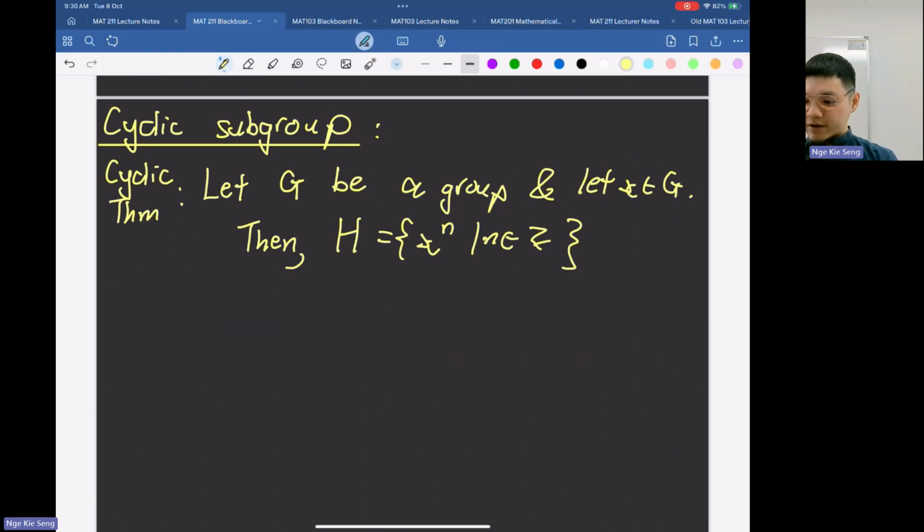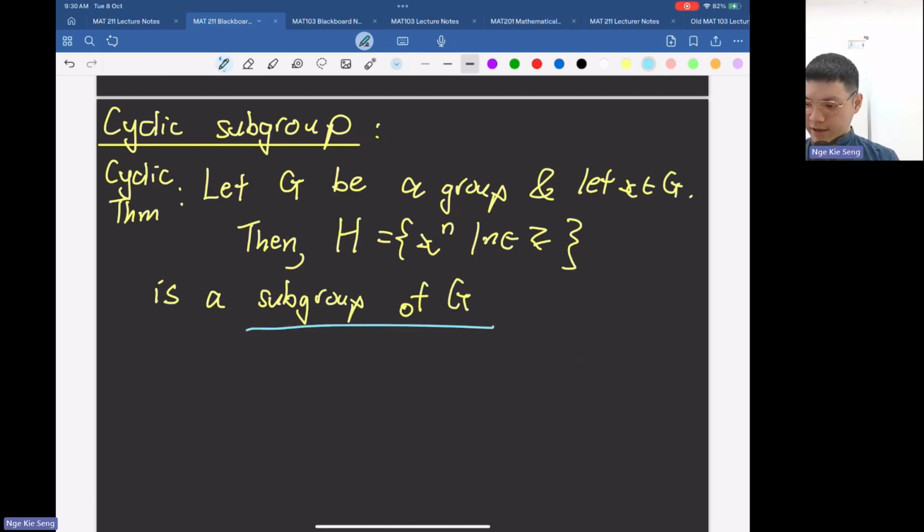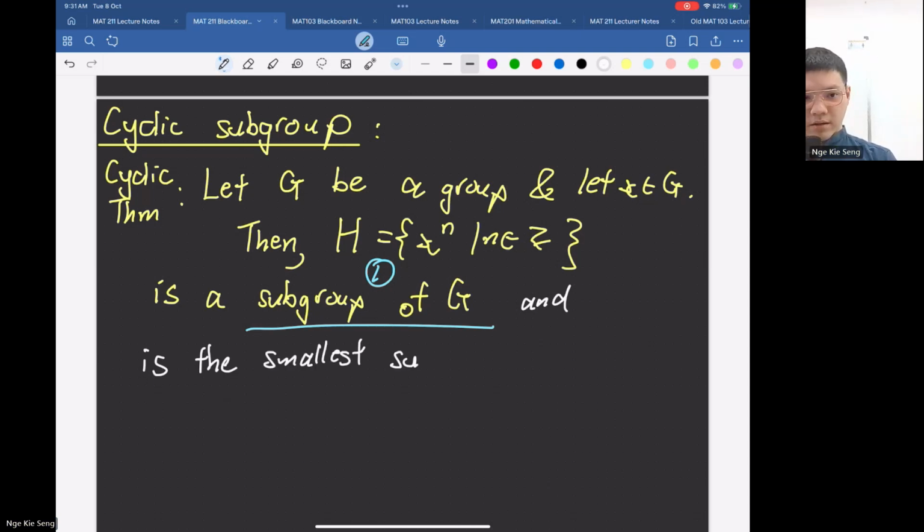And then we claim, this is the first thing we claim: this is a subgroup of G. We start with a set and then we tell you that this is a subgroup. And the second thing is, moreover, this is actually the smallest subgroup of G that contains x.